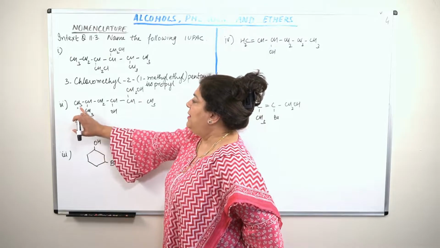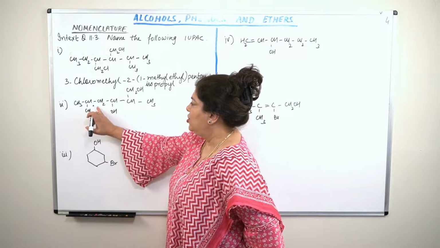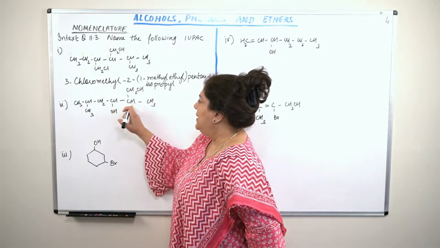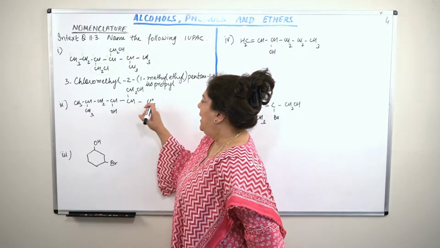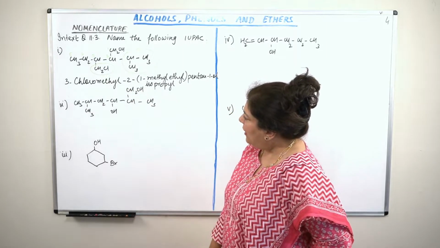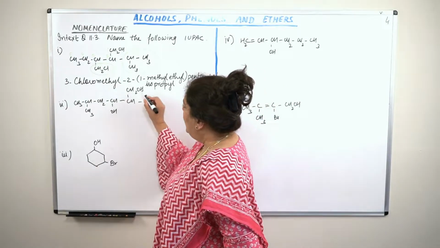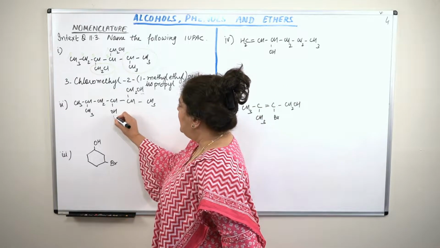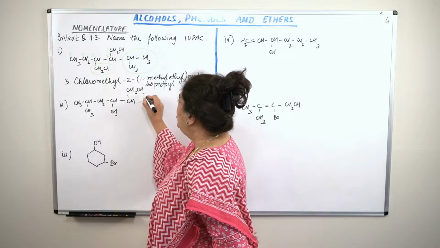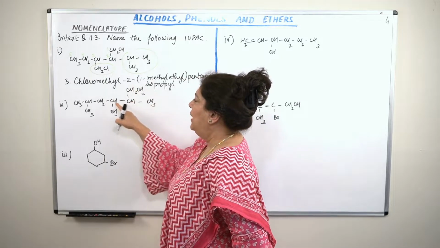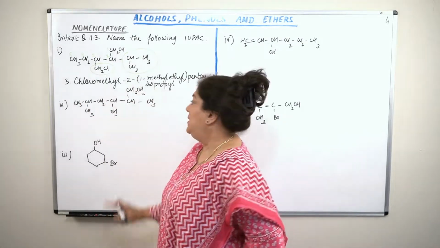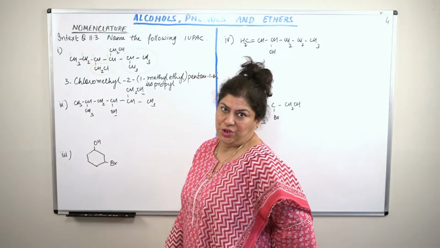This is CH3, CH, CH3, CH2, CH, OH, CH, CH2OH, and CH3. So the alcoholic group I see is here and it is here. So I will choose my chain in such a way that both the alcoholic groups are contained in it, and this is treated as a branch.